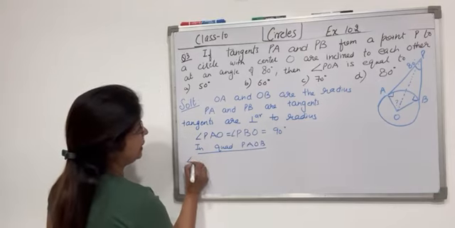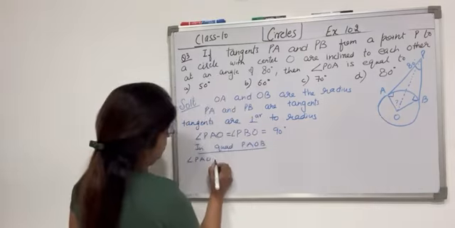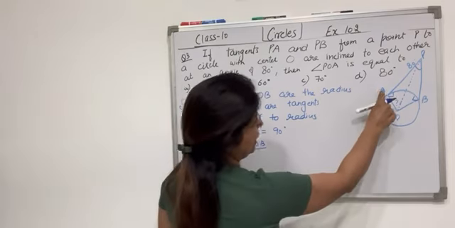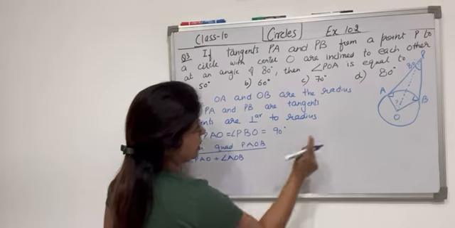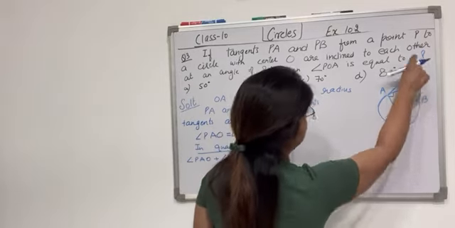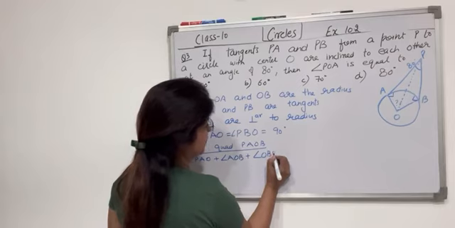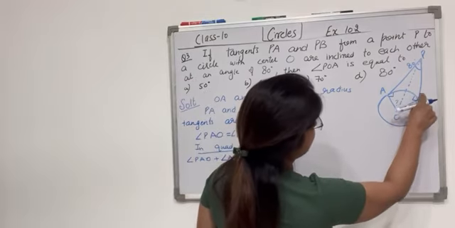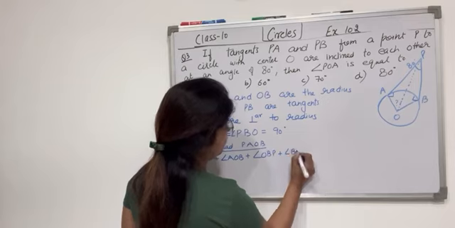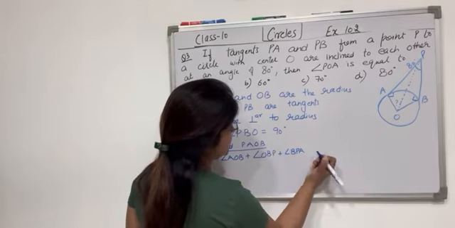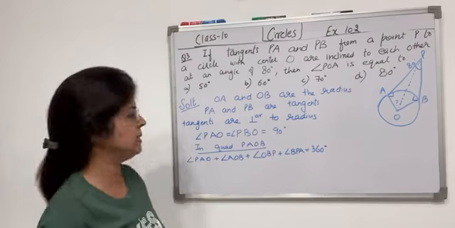So I will write angle PAO plus angle AOB plus angle OBP plus angle BPA. I am moving in one direction, and I always try to write in a cyclic order. You can start from any side. So the sum of all the angles in a quadrilateral is 360 degrees.